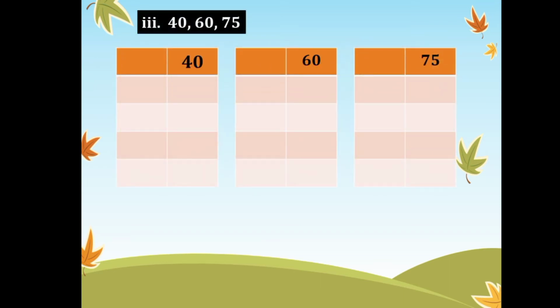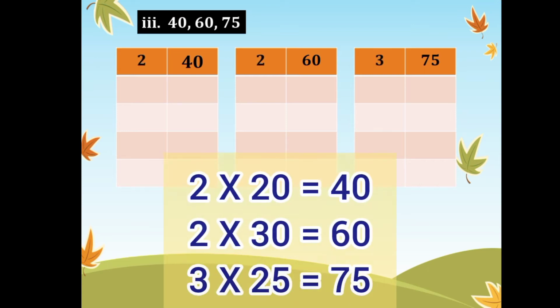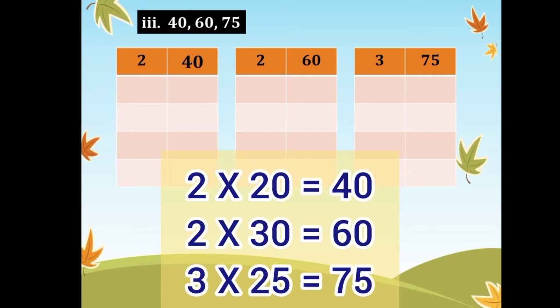Now this is another question, that is 40, 60 and 75. We will solve these 3 altogether. The first 2, 40 and 60, are divisible by 2, as they come in the table of 2. 2 20s are 40 and 2 30s are 60.